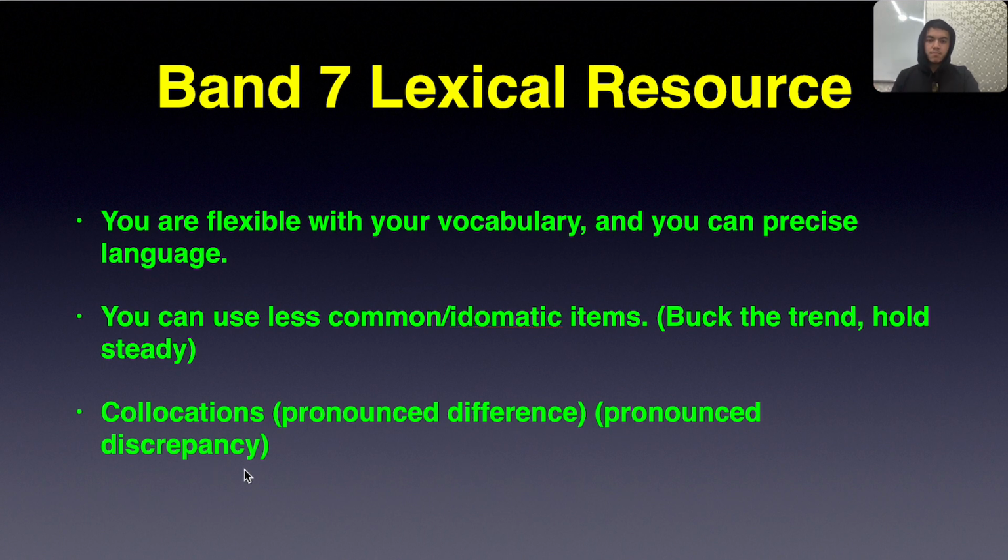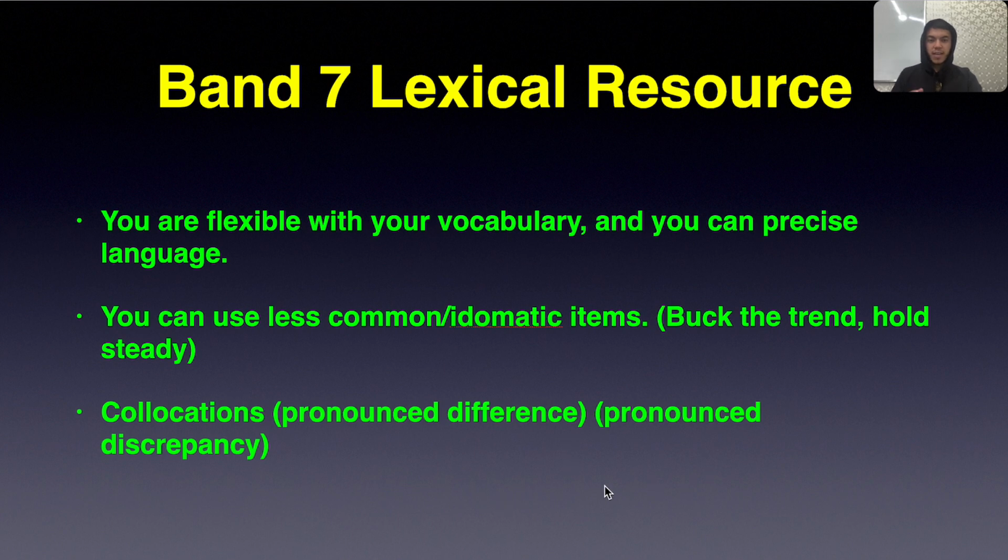But the problem is when you use the word discrepancy, you might need to change the word that's being collocated with it as well. I'm not sure if the word pronounced can be used with the word discrepancy. I've never seen it. I just checked it in my dictionary. I think it can't be used. The word pronounced can't be used with the word discrepancy.